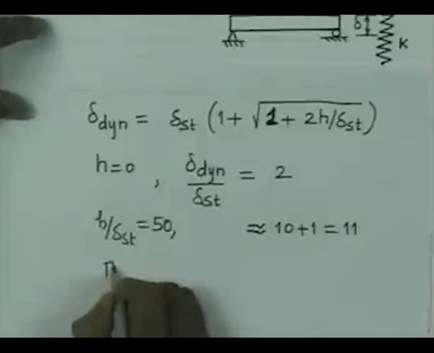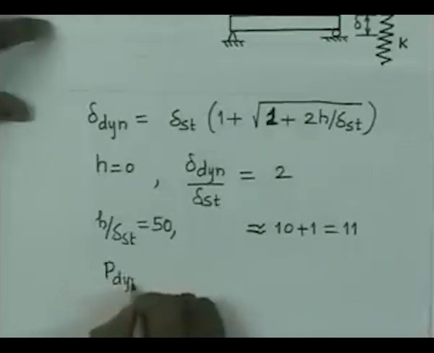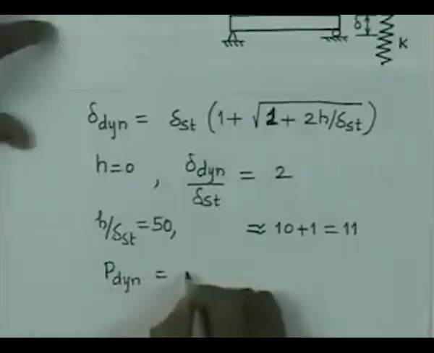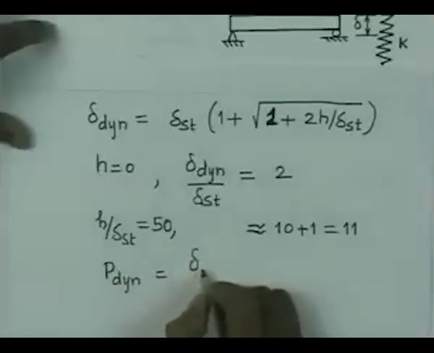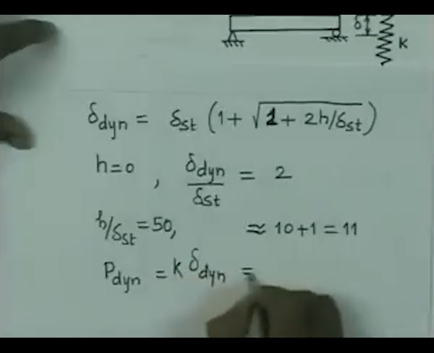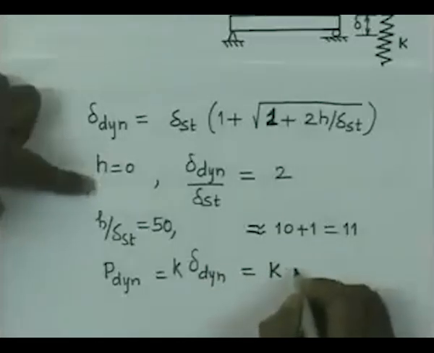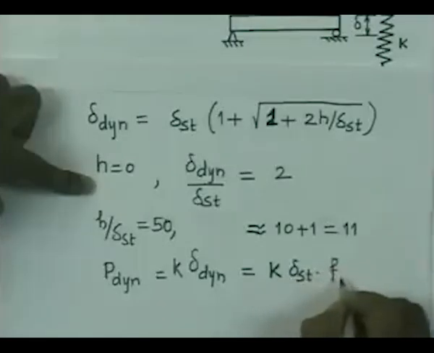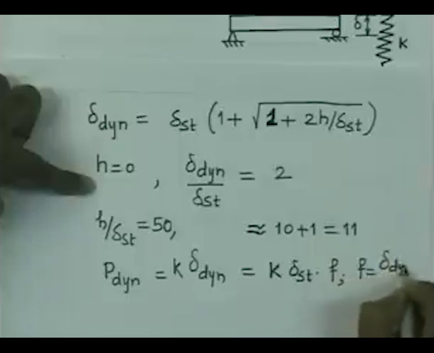and therefore the loading that is going to act on the component when it is suddenly applied, P dynamic, is equal to K into delta dynamic. Therefore it is equal to K into delta static multiplied by F, where F is equal to delta dynamic by delta static.